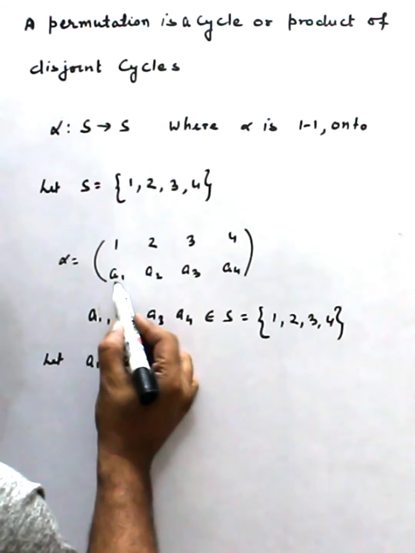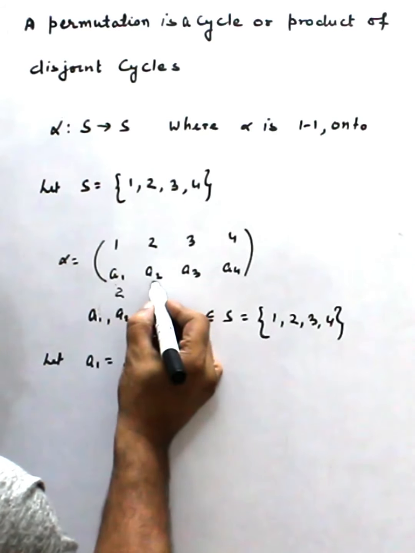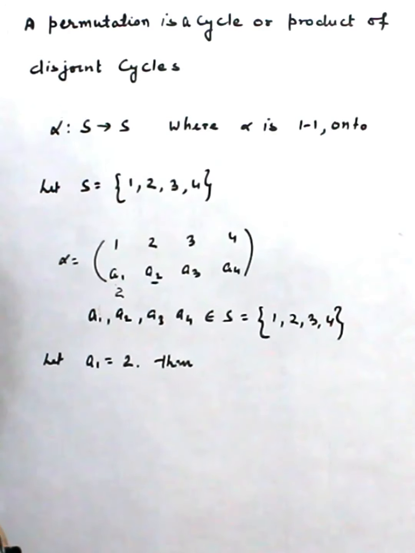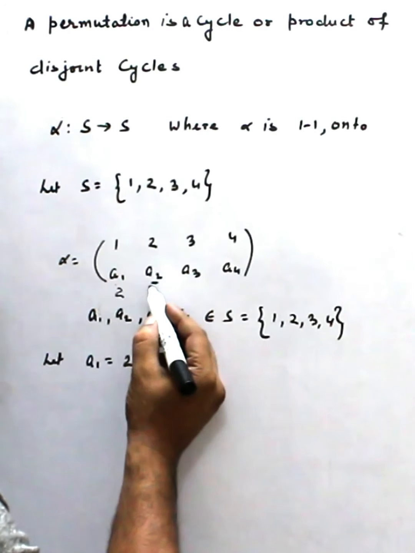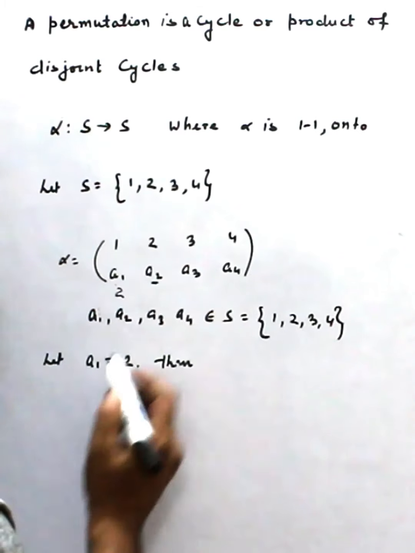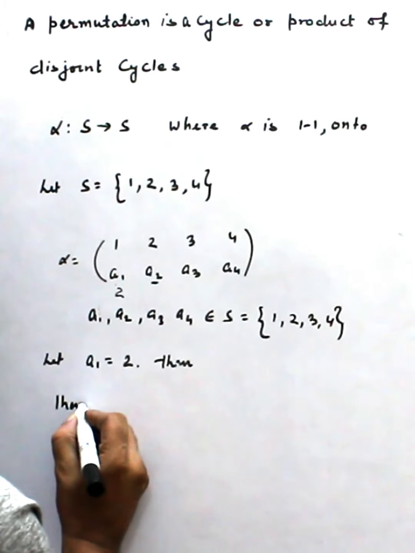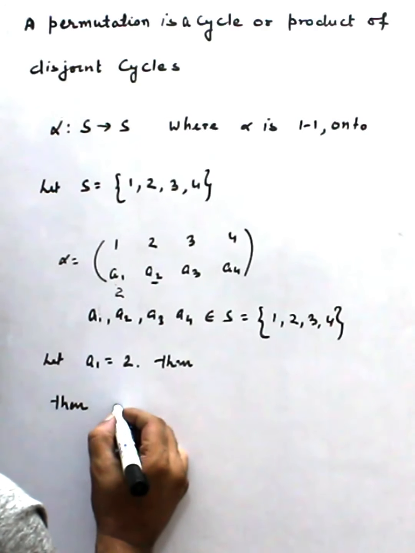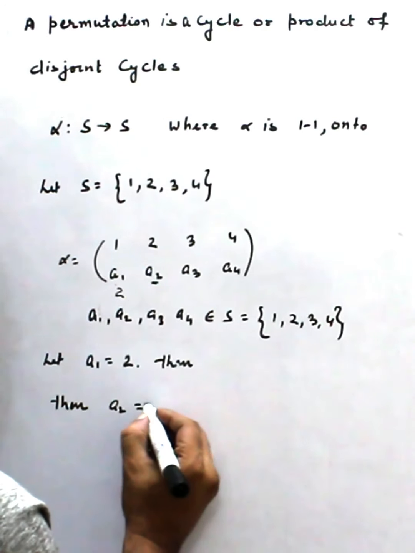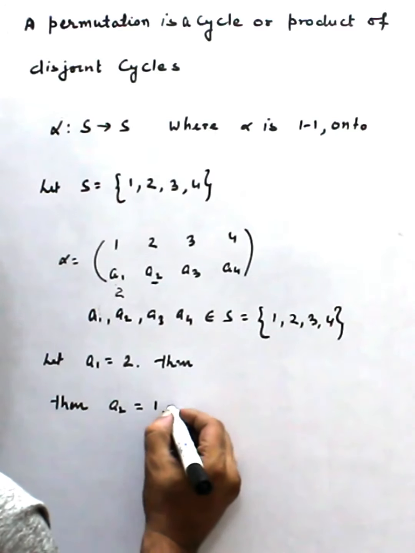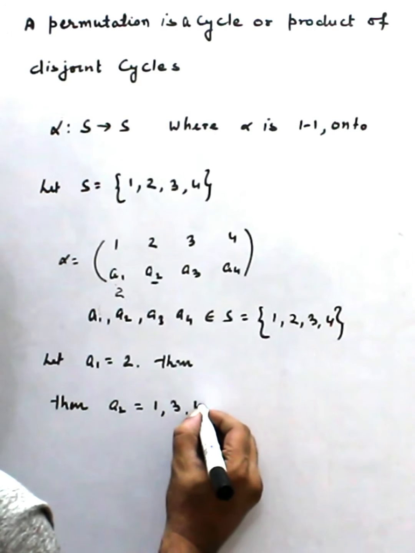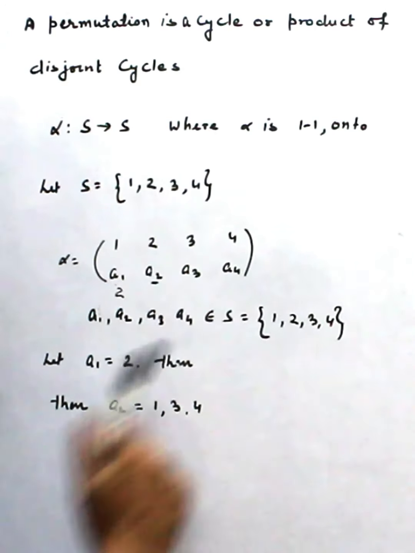Now, A1 is 2, so what possibility is left for A2? A2 can be 1, 3 or 4 because 2 has already been selected.